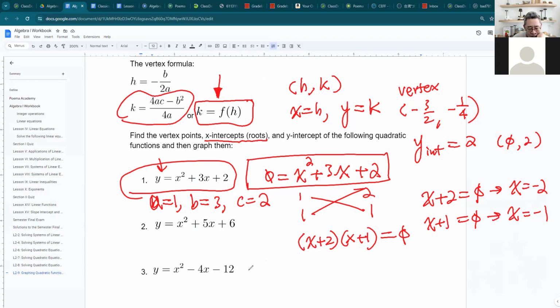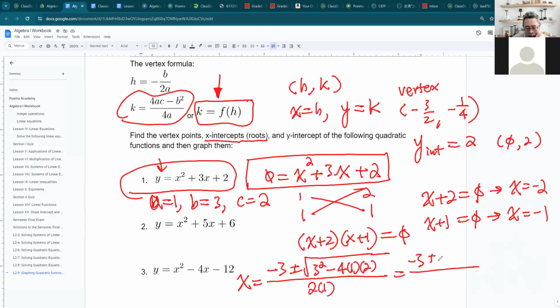Now, if we want to use the quadratic formula, then we just plug in. It's negative b, which is negative 3, plus or minus the square root of b squared, 3 squared, minus 4ac, 4 times 1 times 2, and the bottom is 2 times 1. Then we got negative 3 plus or minus the square root of 9 minus 8, which is 1. We know the square root of 1 is just 1, so it's negative 3 plus or minus 1 over 2.